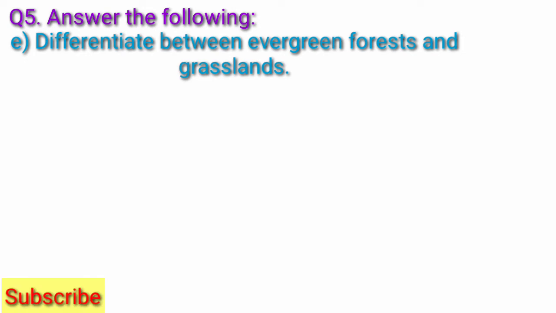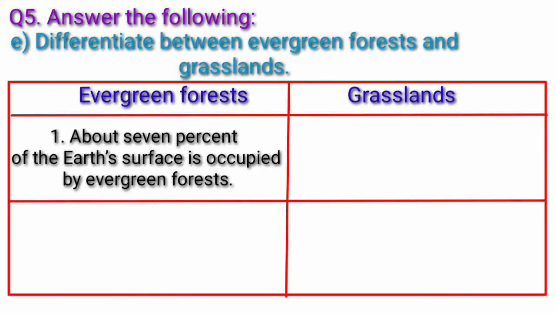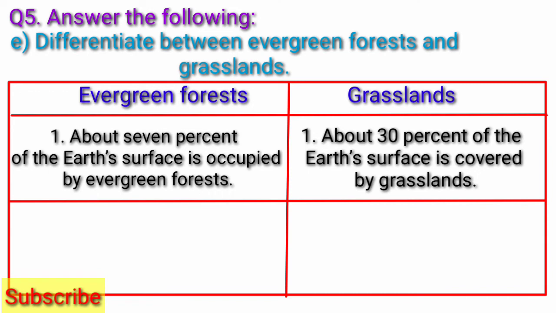Question E. Differentiate between evergreen forests and grasslands. Answer. The difference between evergreen forest and grasslands is given below. First, about 7% of the Earth's surface is occupied by evergreen forests, and about 30% of the Earth's surface is covered by grasslands.